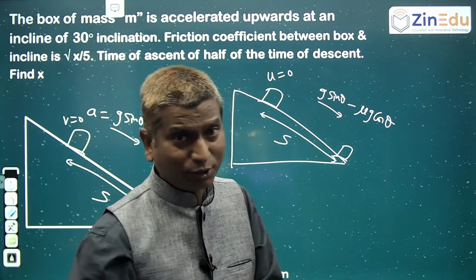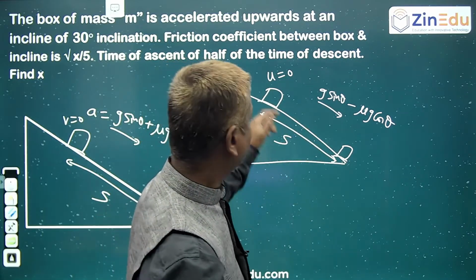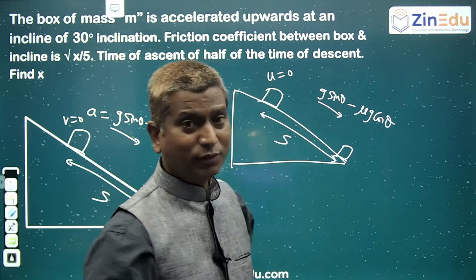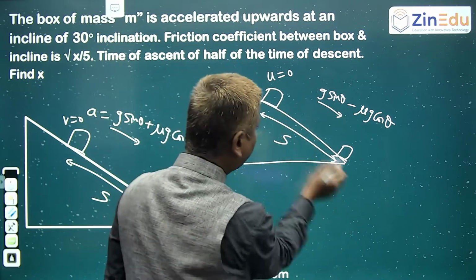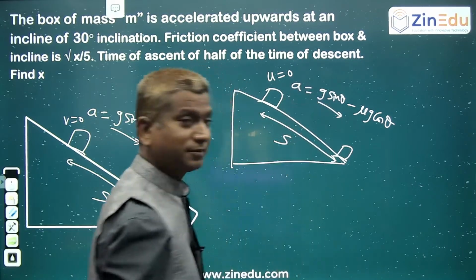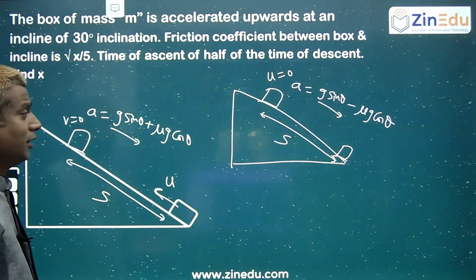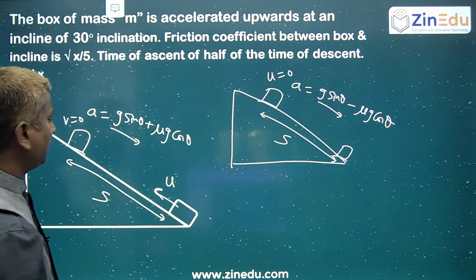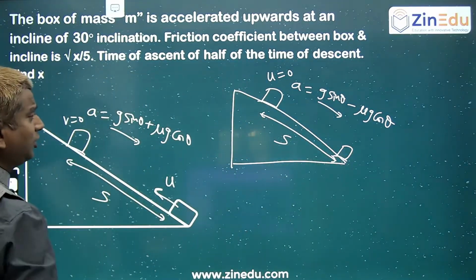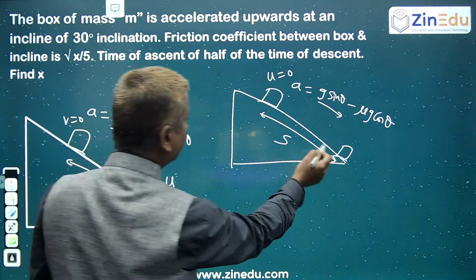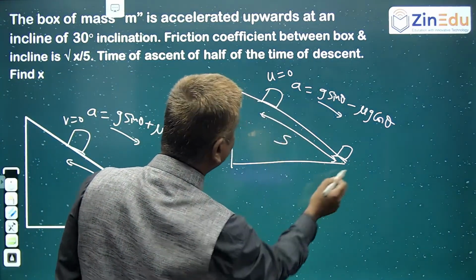Since it is a rough surface, part of g sin theta downwards is cancelled by the upward friction. So the total net acceleration will be downwards only. Then only it can come down. Correct or not? Okay. Now individually you need to calculate the time from here to here and here to here. Here final velocity 0, and here initial velocity 0 and coming down.